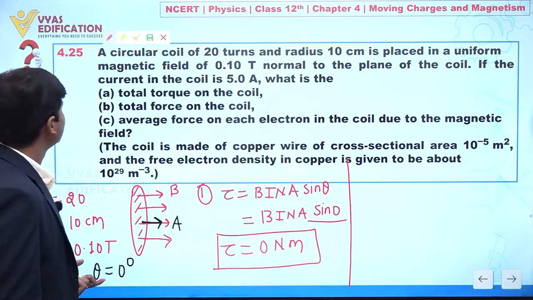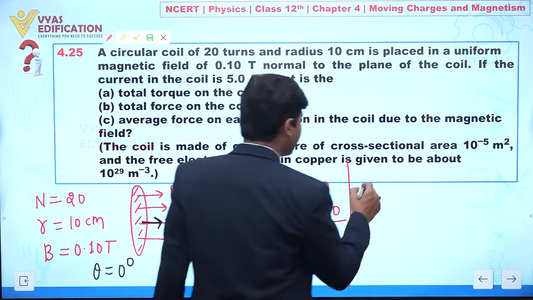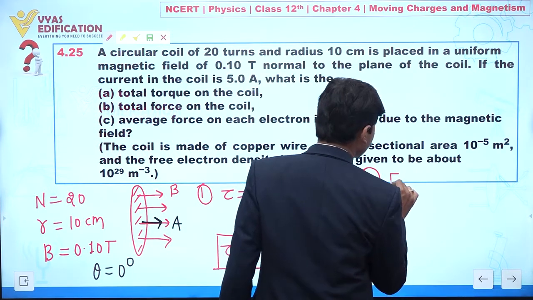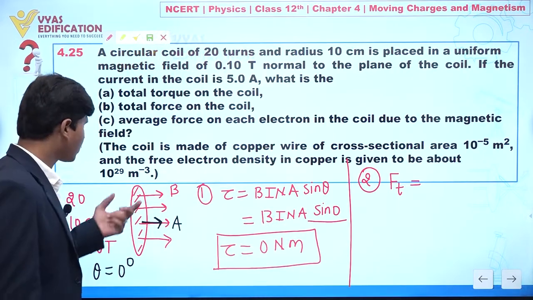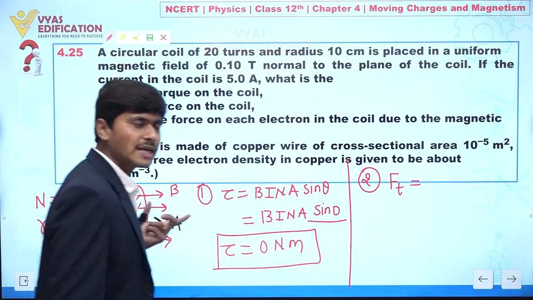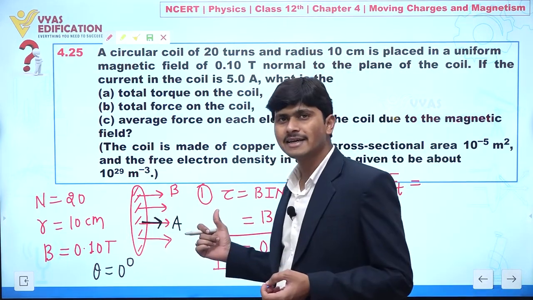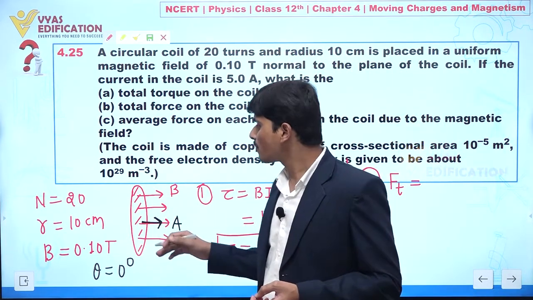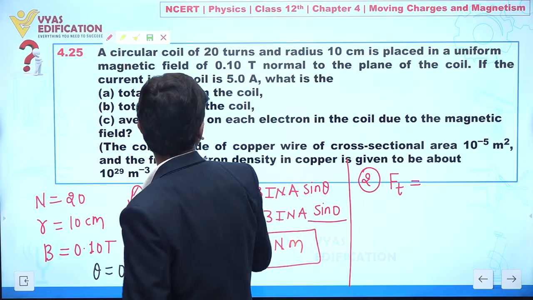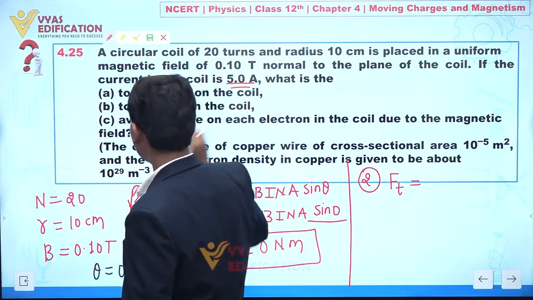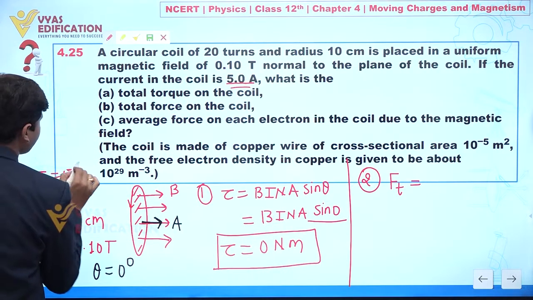Now if we talk about the total force acting on the coil, F total. It is also given that current is flowing in this coil, 5 ampere.